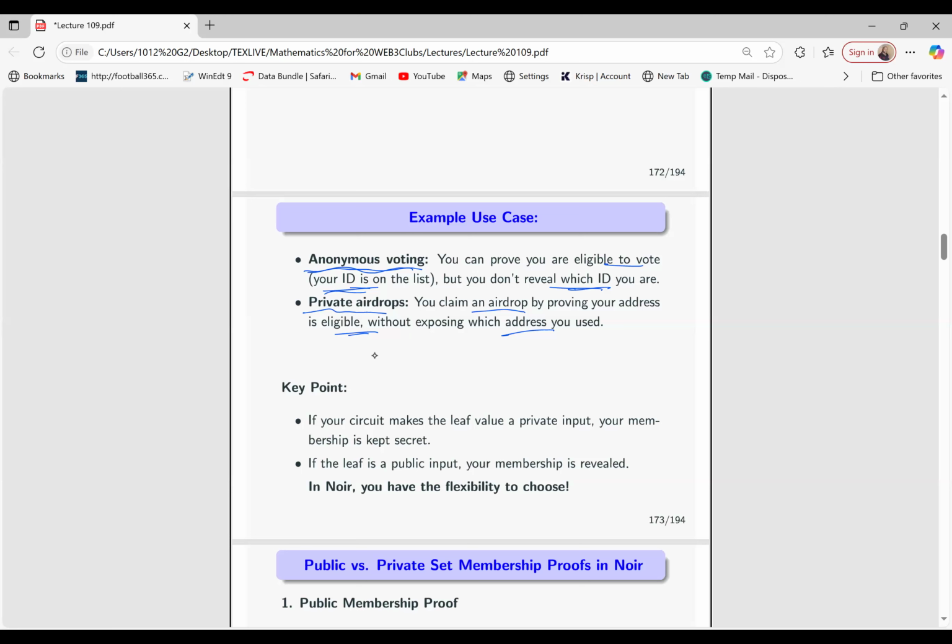So you used address A, and now your address A has won an airdrop. So you just want to prove that this address is eligible for that airdrop, but you don't want to reveal your address.